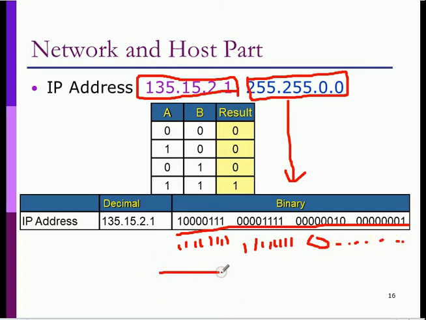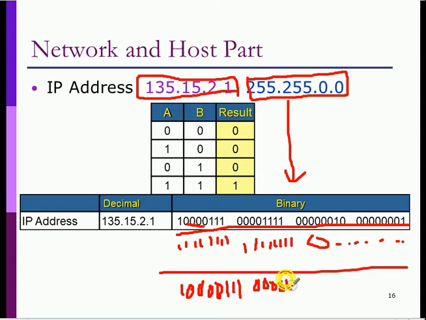So if you AND these out, then 1 and 1 gives you 1, 1 and 0 gives you 0. We don't have to do this for every bit. All these zeros will give you 0, and these ones will give you 1s. The same thing for this: all these zeros will give you zeros, and ones will give you ones.